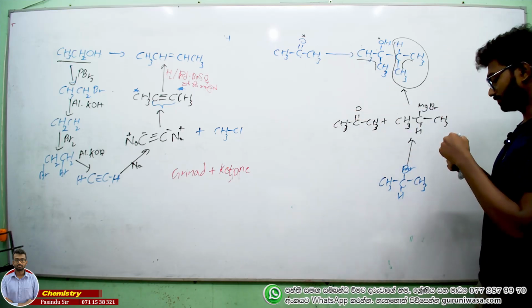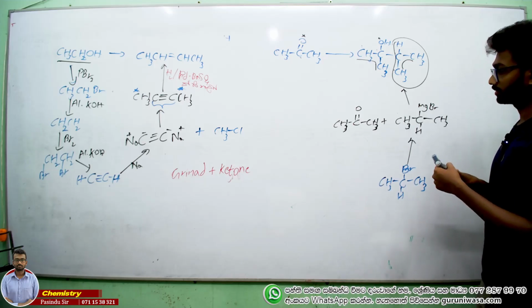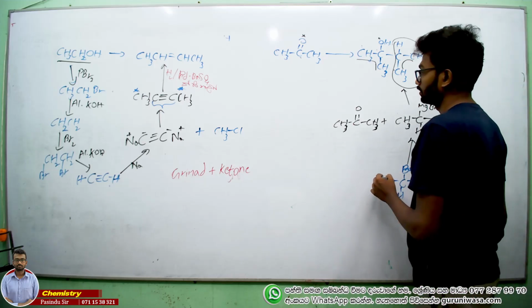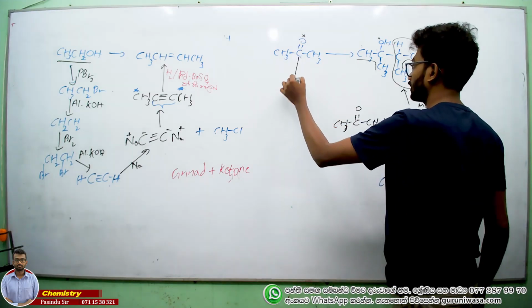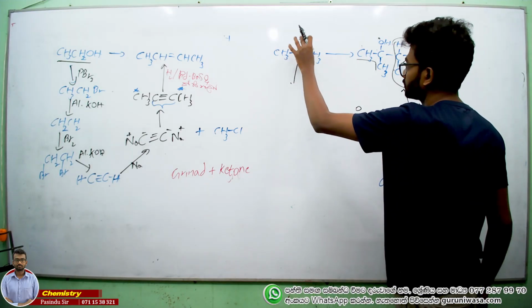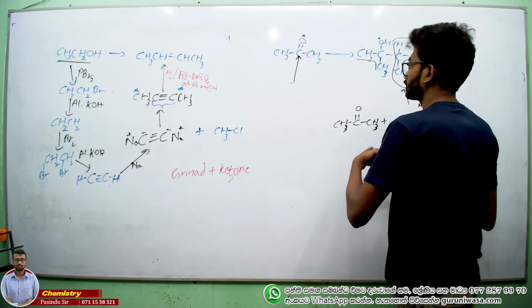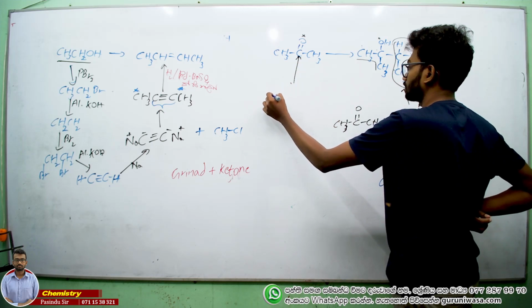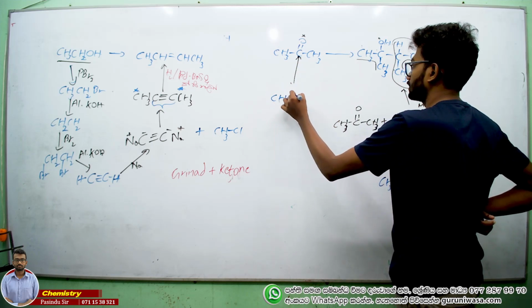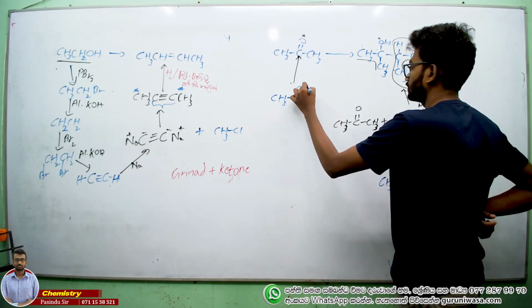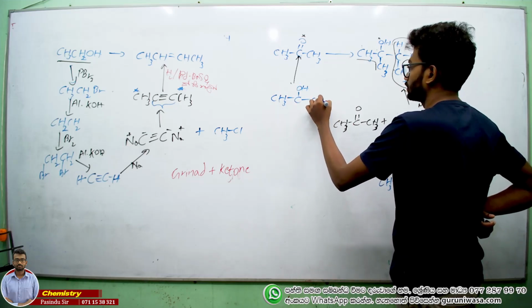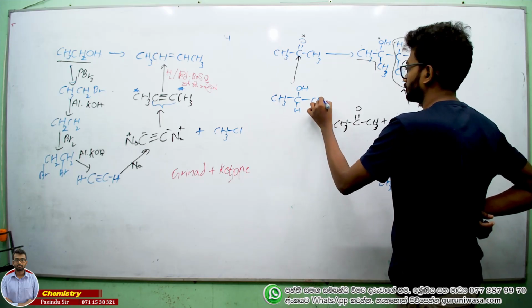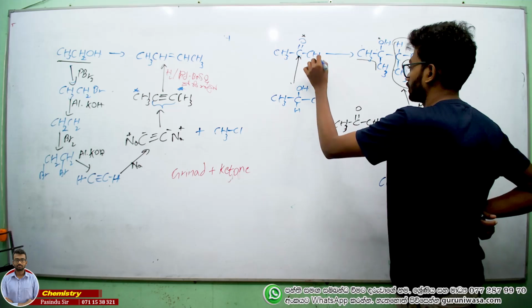We did that earlier. How? First you have to reduce this one and make an alcohol, C3, COH, CH3.